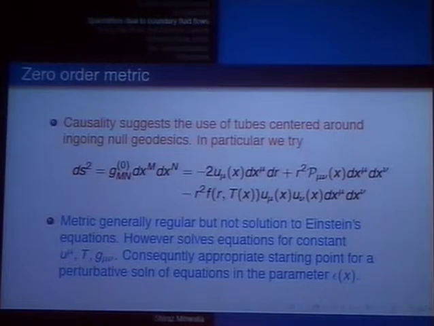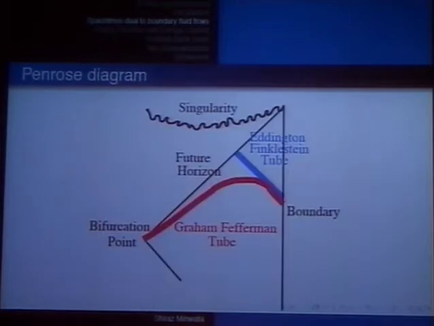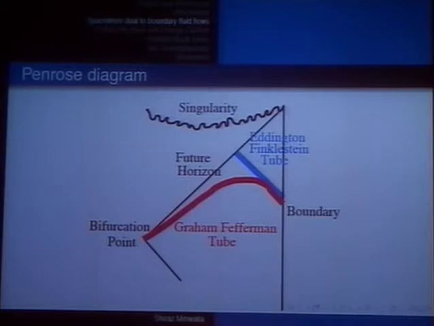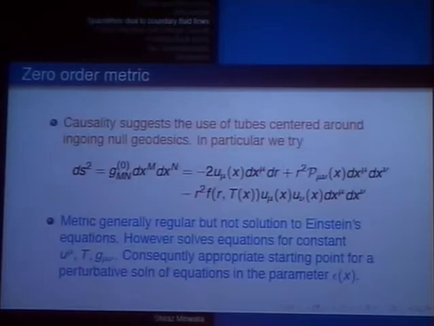That's the same idea as foliating the space-time into tubes in which the solution is approximately a black brane, but these tubes then go along ingoing null geodesics. So that sounds like a better thing to do. And technically it's better because, as I'll show you in more detail later, this space-time is of course not in general a solution to Einstein's equations, but it has a good property. It's everywhere regular. It has a regular event horizon.